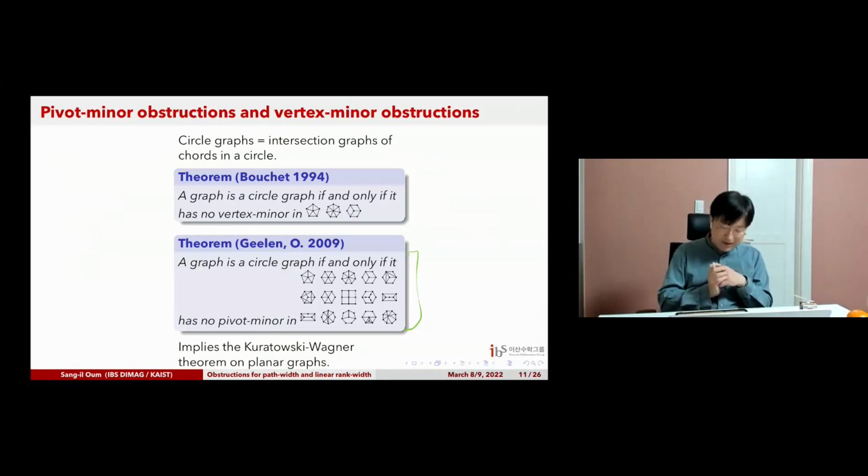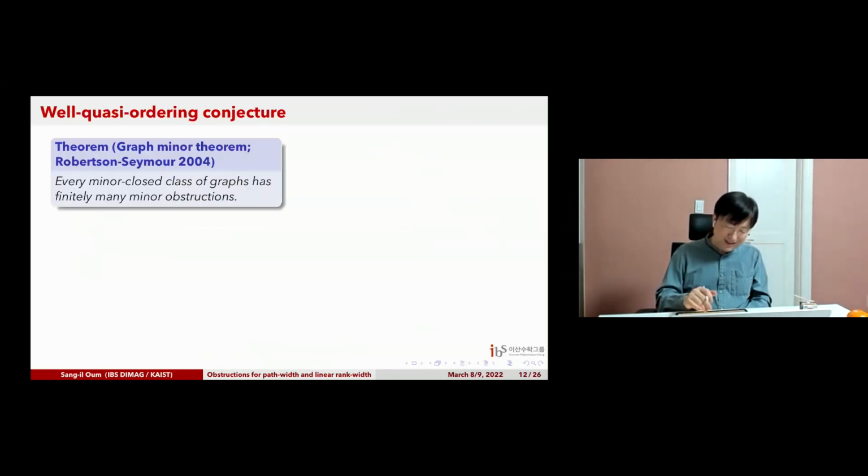And so if you want to imply this theorem, you only need to look at the bipartite graphs among these 15 graphs, and then only 3 of them are bipartite. One is the cycle matroid of K5, the other is K33, and there's a Fano matroid. So that's how you can deduce Kuratowski's theorem.